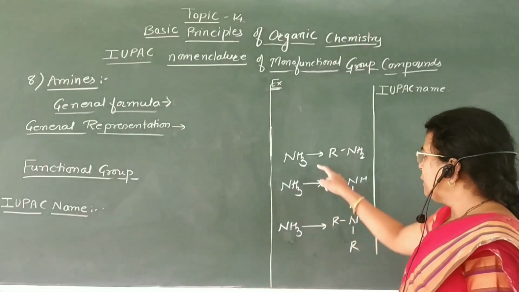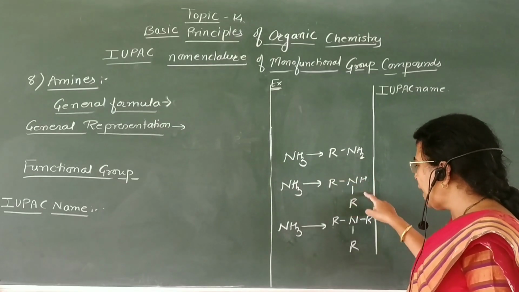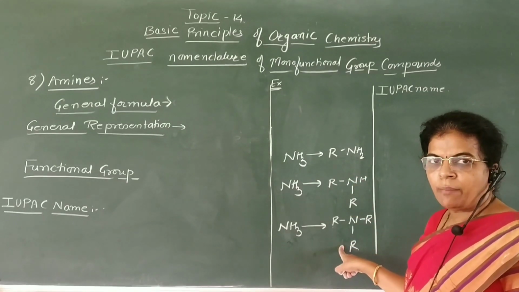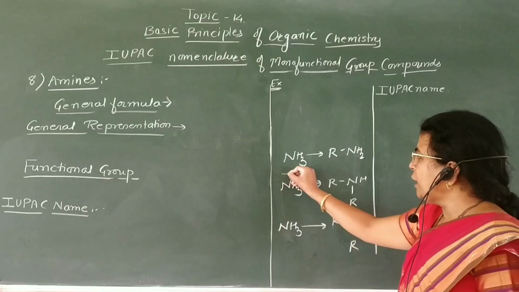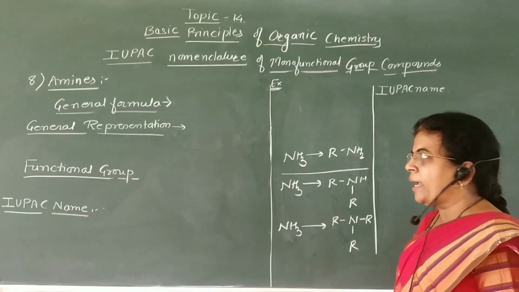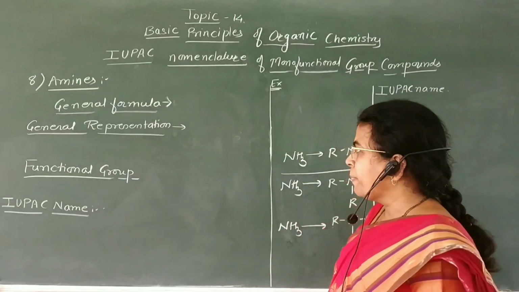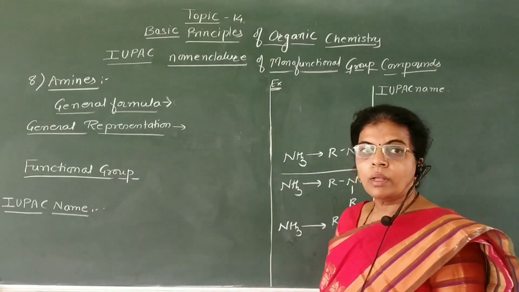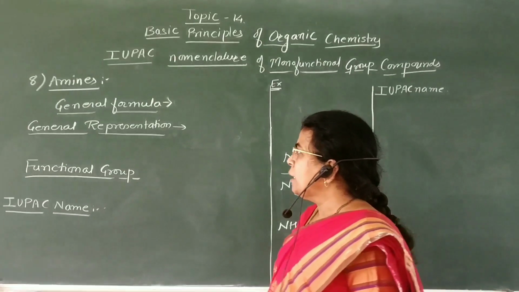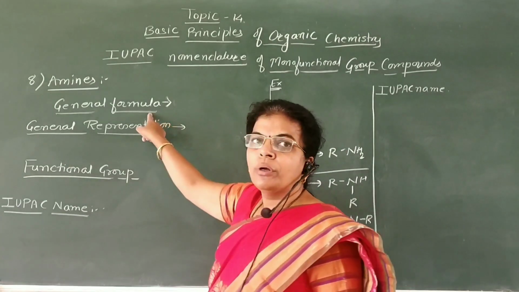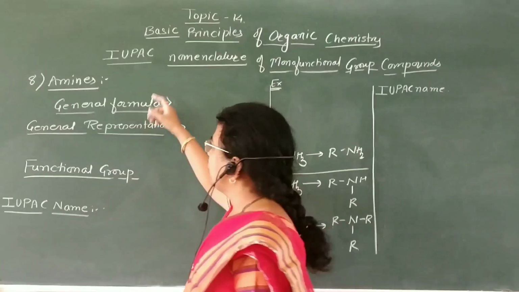That is, this is primary amine, this is secondary amine, and this is tertiary amine. Now we are going to see the nomenclature of primary amines. Amines are the derivatives of ammonia. Now here, first we are going to see the general formula of these primary amines.